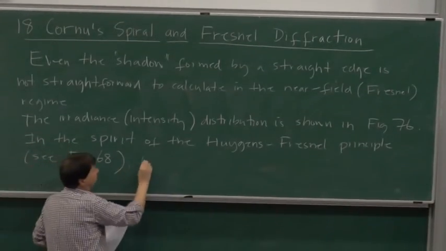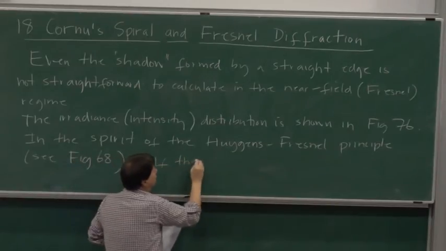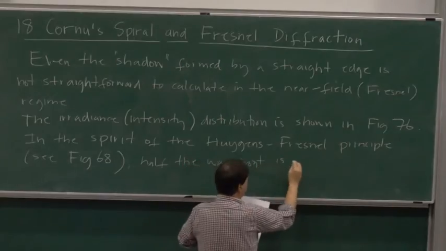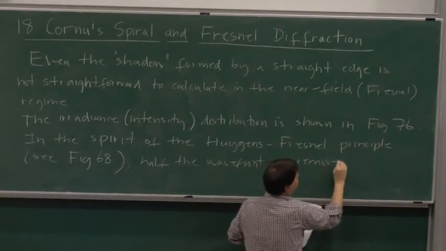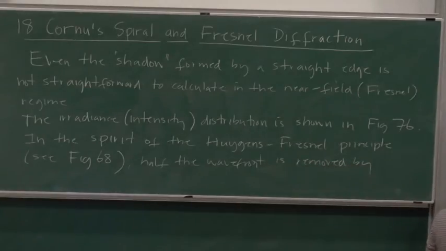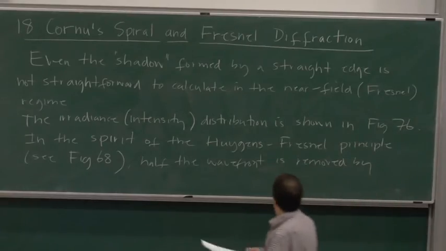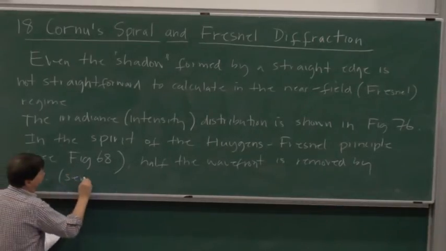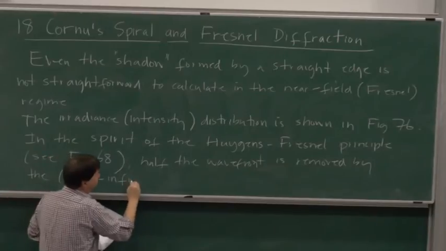Half the wavefront is removed by the obstacle. So in other words, we're assuming it's semi-infinite, if you like. We've got infinity of opaqueness this way and infinity of transparency this way, and we set an infinite plane wavefront. Half of it gets removed by the, let's put it in brackets, semi-infinite obstacle.